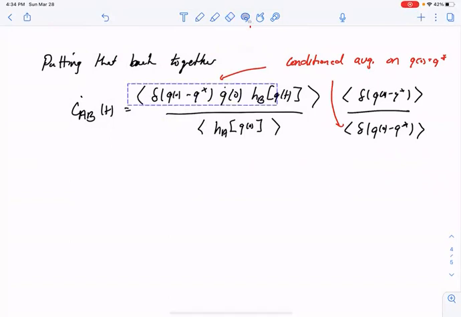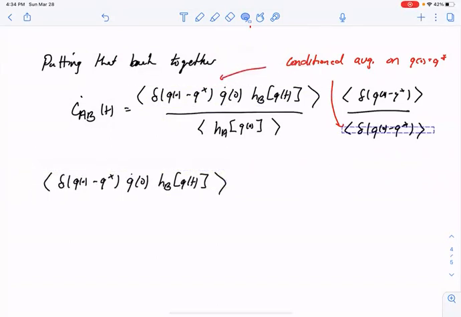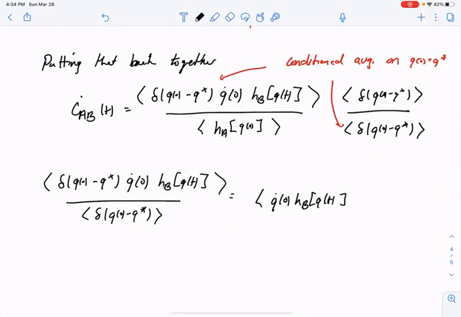So if I took that piece in this denominator, that delta function in the numerator and the denominator performs a conditioning, makes this a conditioned average. It is the average of Q dot at 0, HB at t, conditioned on being at Q star at time 0.